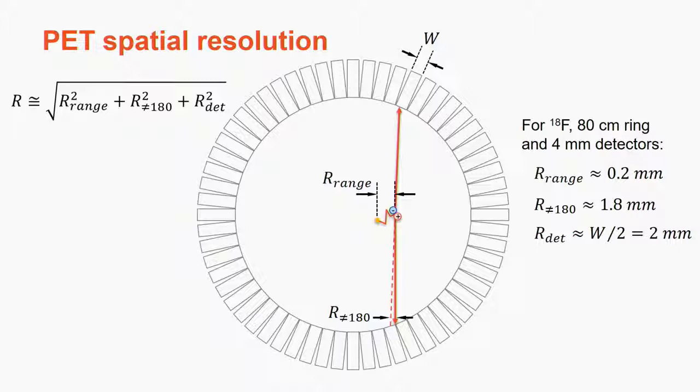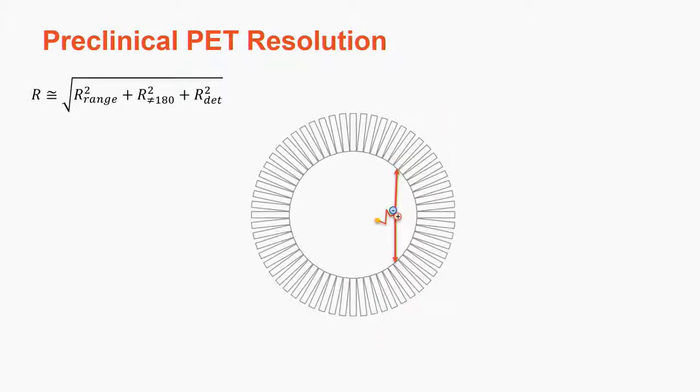It contributes about 1.8 millimetres to the overall spatial resolution. And if we combine all that in this equation, we get a limiting spatial resolution that's around 2.7 millimetres. In practice, it's significantly worse than that. It's closer to about 3.5 to 4 millimetres in practice.